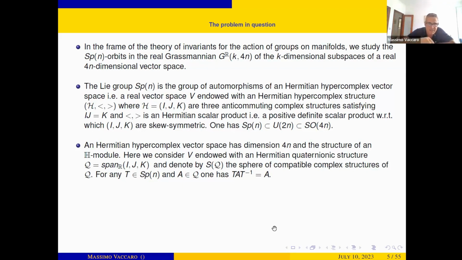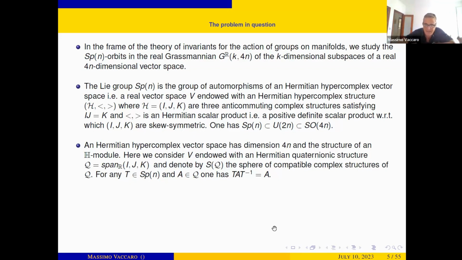Here we denote by this symbol a positive definite Hermitian scalar product with respect to which i, j, k are isometries or skew-symmetric, which in this case is the same because they are compatible complex structures that square to minus identity, and therefore skew-symmetric or isometry is the same.